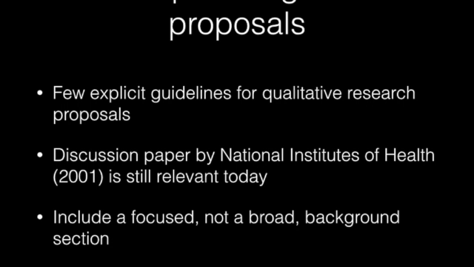It's not so much specific guidelines for a particular grant scheme, but more guidelines for how to write a great qualitative research proposal that might get you a grant. There's certainly a discussion paper by the National Institutes of Health in the United States that was published in 2001, and it's in the reference list for this PowerPoint, which is well worth having a read of.